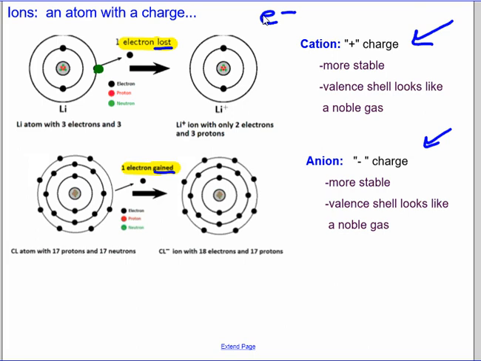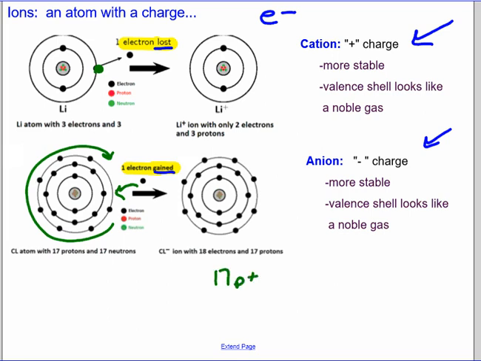In the case of chlorine, being in group 7 on the periodic table, it had 7 valence electrons in its outer shell. Chlorine had to choose either to lose all 7 of these or gain 1. And so 1 extra electron is going to come in, and now we're going to have a total of 8 in the outer shell.